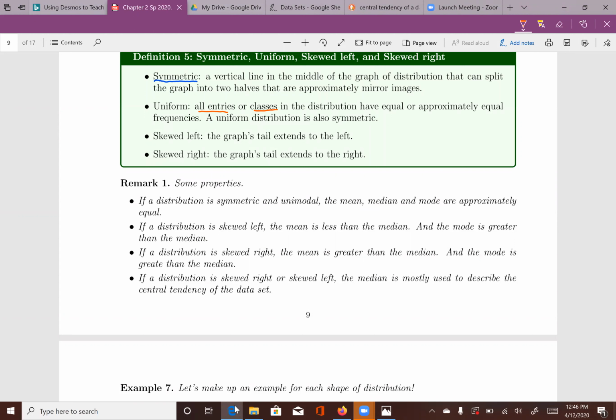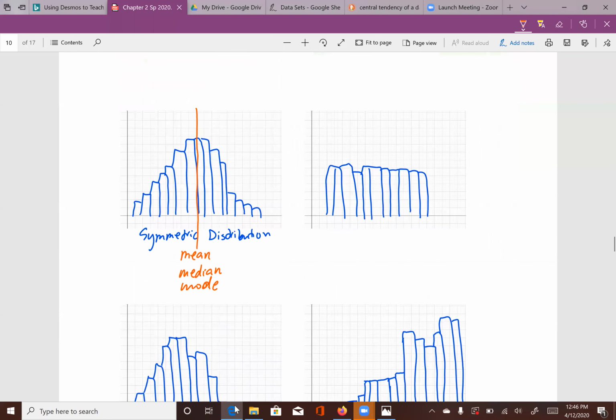A uniform distribution is just a special type of symmetric distribution. Here is one example of a uniform distribution. As you can see, the frequencies for all the classes here are pretty much the same. They're not going to be exactly the same, but they're approximately equal to each other.